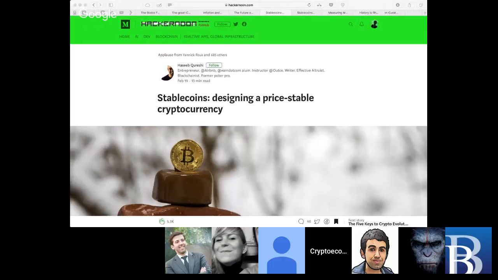And so there are a lot of ways to do so. Well, not a lot, but actually three categories of stable coins at the moment have been explained very broadly in this article I sent you beforehand, written by Asib Qureshi on Hacker Noon.